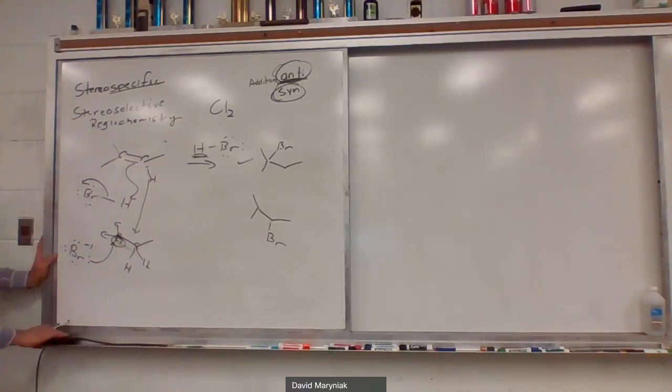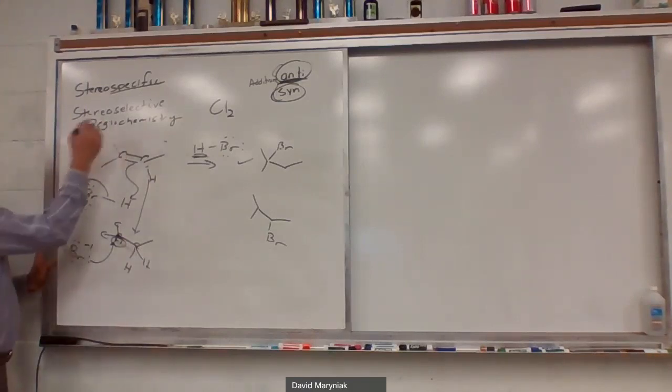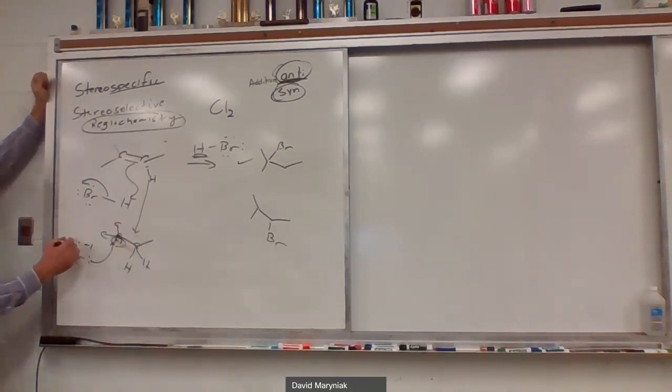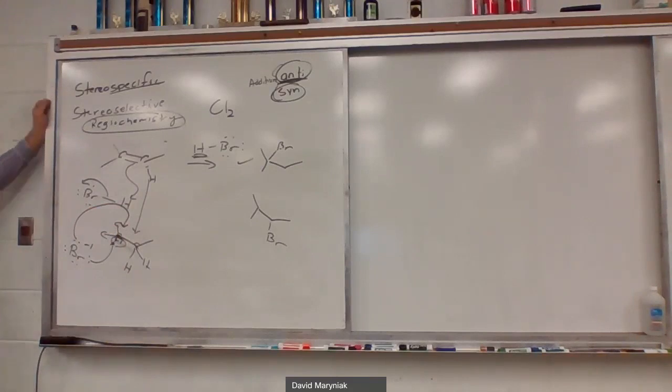And what we just described is the regiochemistry. If the mechanism does proceed through this carbocation intermediate, would you say it's going to be stereoselective, stereospecific, or random? In other words, if I look at this Br attacking that carbocation, could it do it from that face, or could it equally do it from that face?